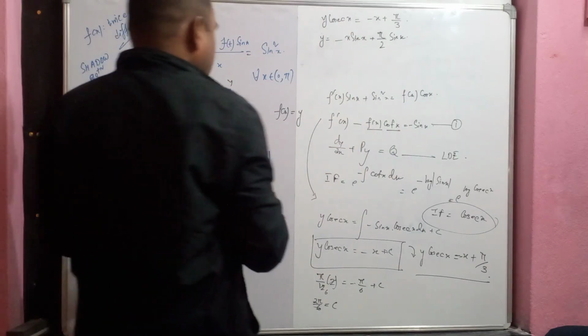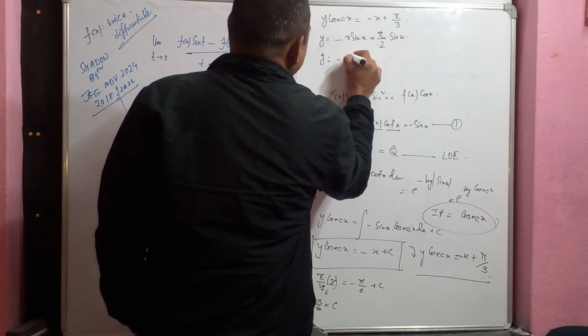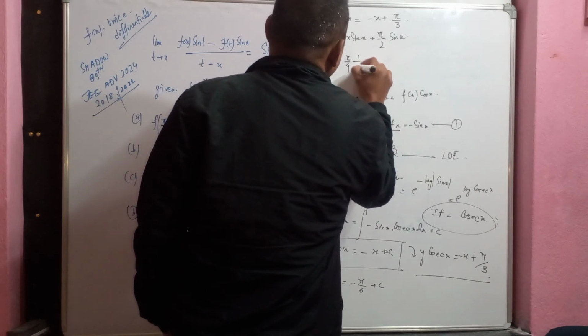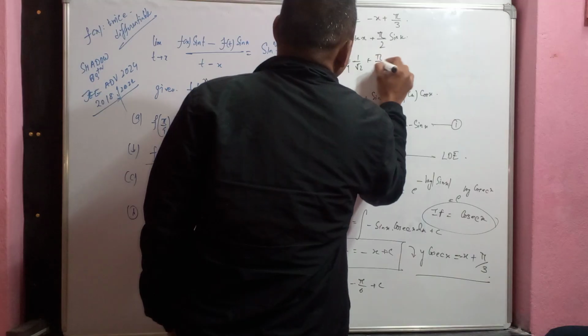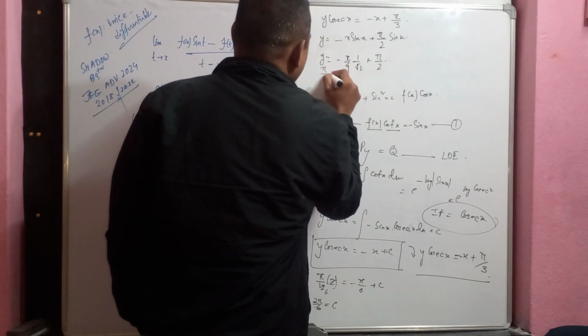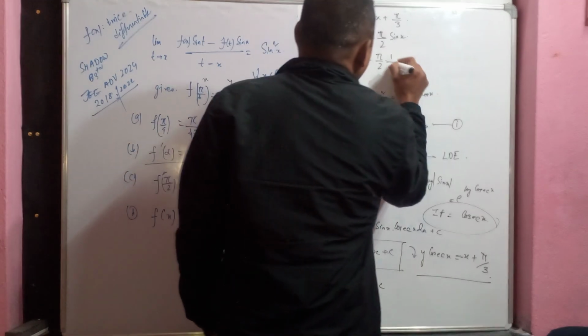Cosec x is 1 by sin x. Now pi by 4: minus pi by 4 sin pi by 4. Sin pi by 4 is 1 by root 2. Pi by 2 again sin pi by 4. Sin pi by 4 is y at x equals pi by 4. So that is 0.